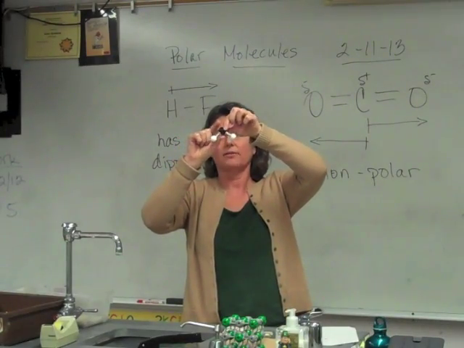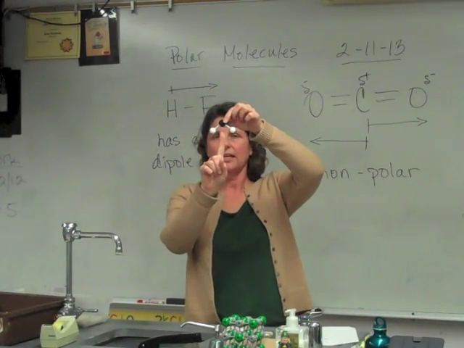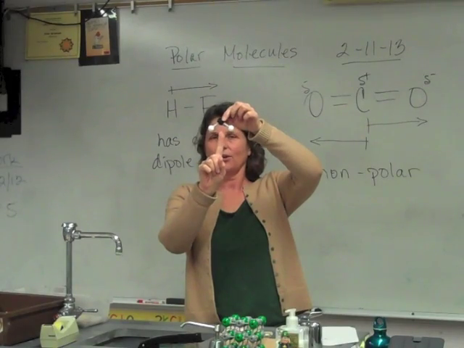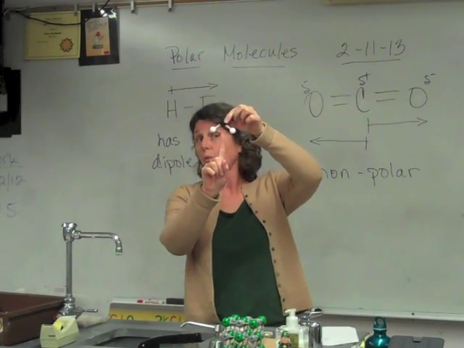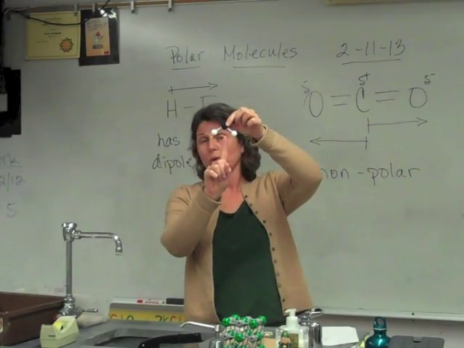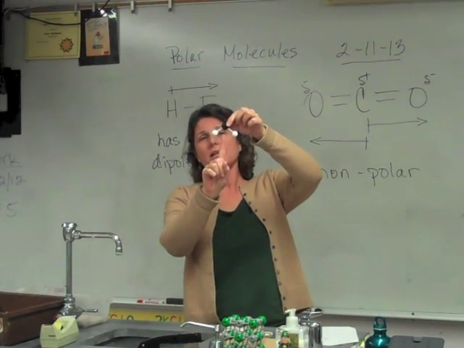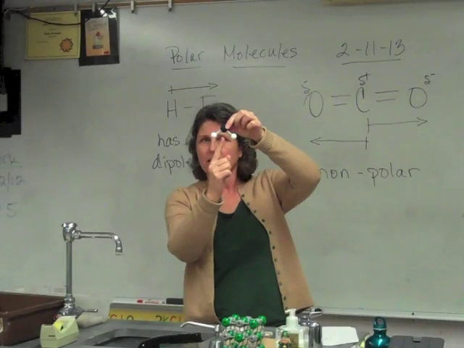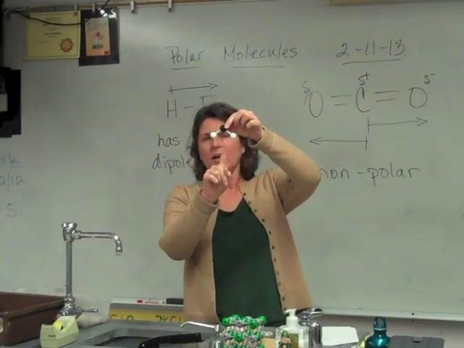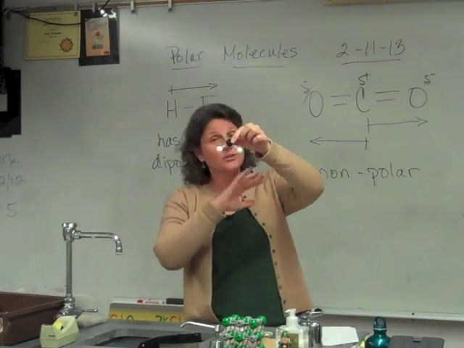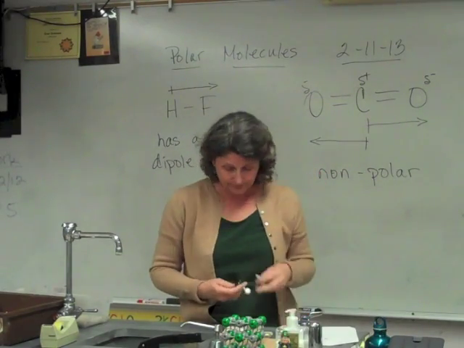The midpoint of it, you guys, is right here. And so that very much makes water a polar molecule, because the positive pole is here and the negative pole is here. They don't lie on the same plane, so they don't cancel each other out.